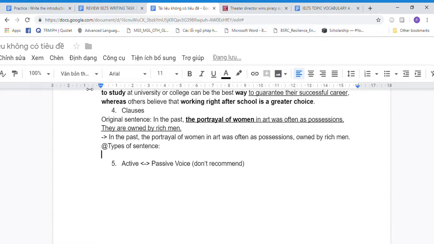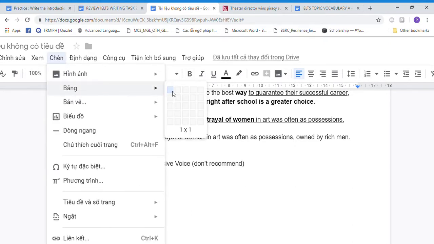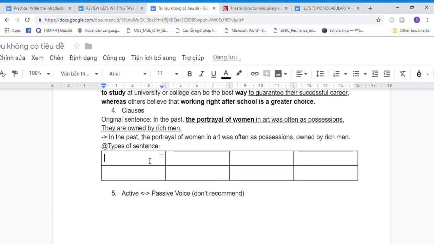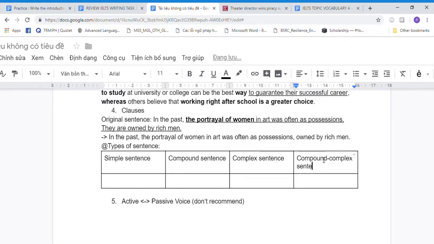So there are 4 types of sentence: simple sentence, compound sentence, complex sentence, and compound complex sentence.